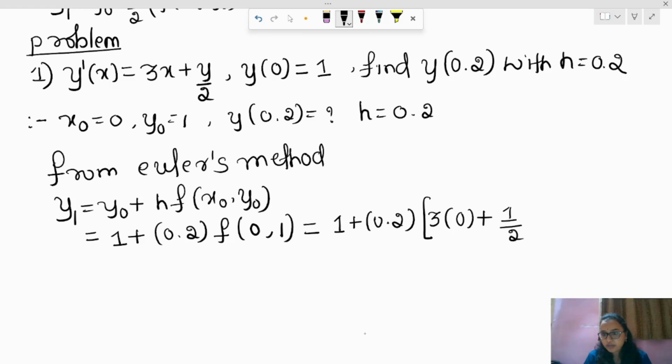So 1 divided by 2, and this together gives the solution as 1.1. This 1.1 is the value we got for y1 at x equals 0.2 by using Euler's method.